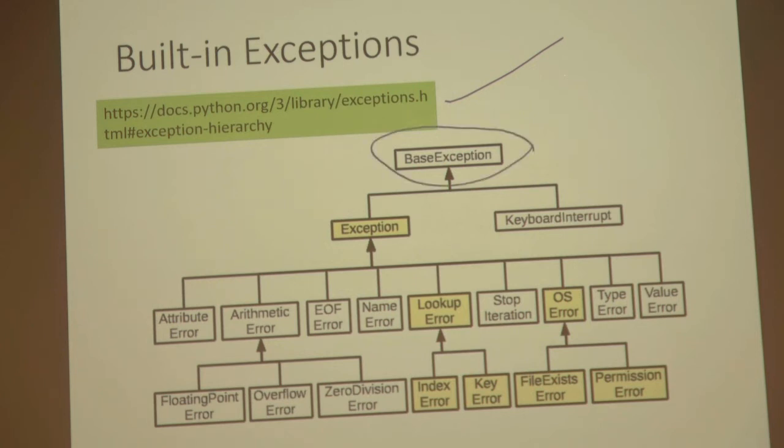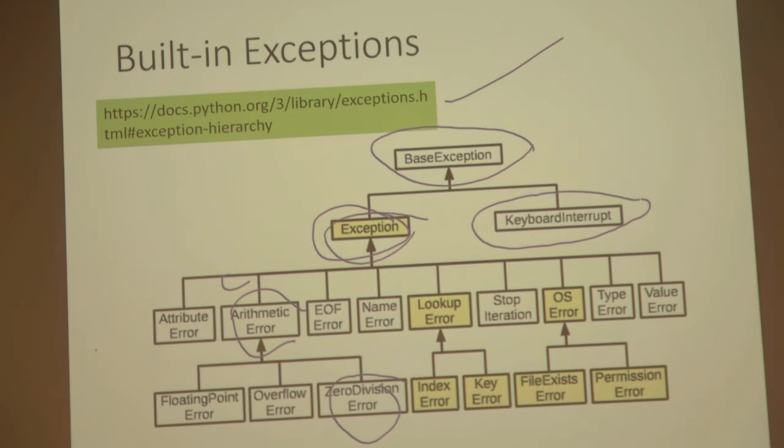From that, you're going to have exception, and you have keyboard interrupt, right? From the exception, you could have many sub-exceptions. For example, the one we looked at is what? For example, attribute error in here, which is arithmetic error. We tried zero division error, which is a subclass of arithmetic error, which is a subclass of exception.